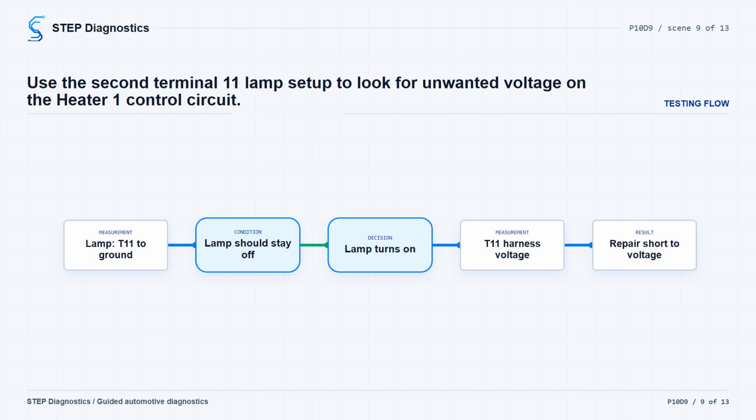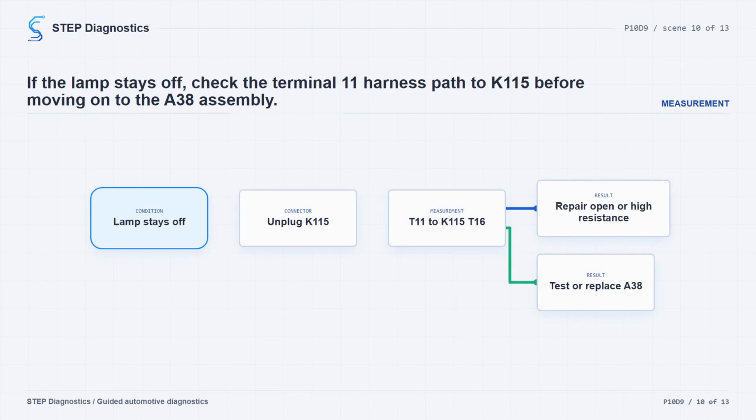Remove the test lamp, disconnect K115, then turn the ignition back on in service mode. Test voltage between control circuit terminal 11 at the component harness and ground. The expected result is less than 1 volt. If it is 1 volt or greater, repair the short to voltage. For a less than 1 volt result in this specific branch, pause, recheck the earlier diagnostic path, and avoid guessing at the next action.